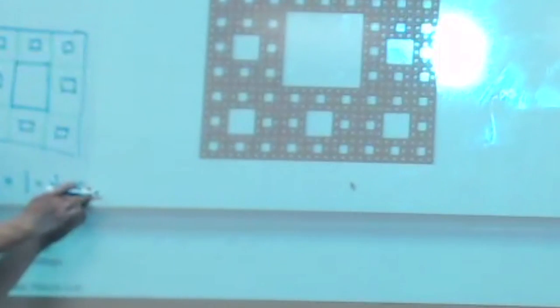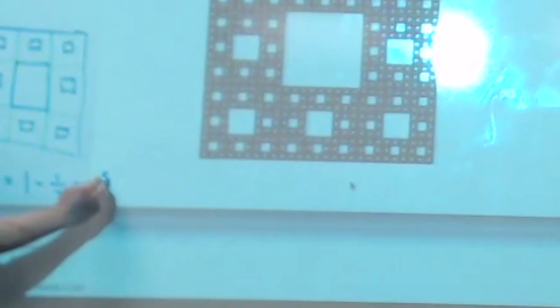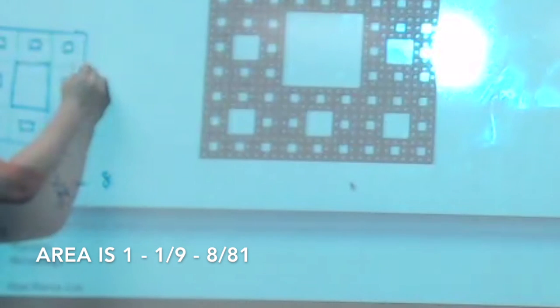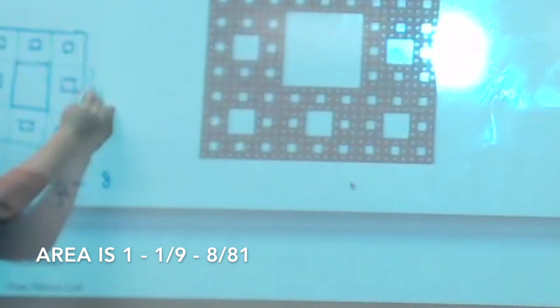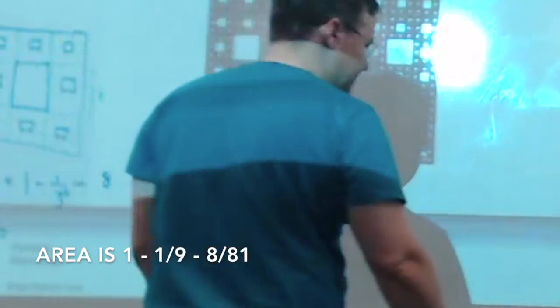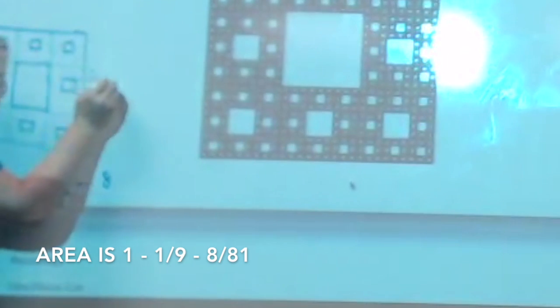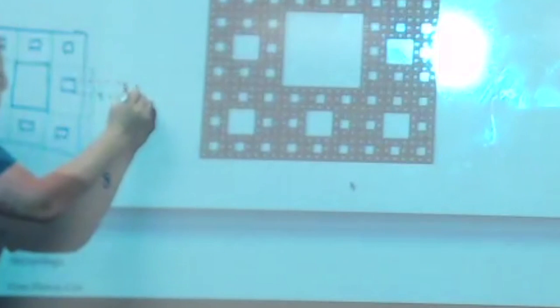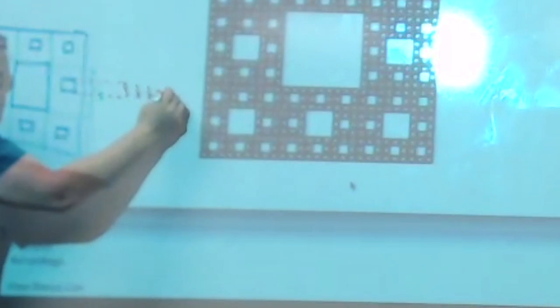8 of these squares, each one having an area of, well, if this right here is 1/3, that's 1/9. It's 1/3 of 1/3, right? That means this right here is 1/3 of 1/3, namely 1/9.